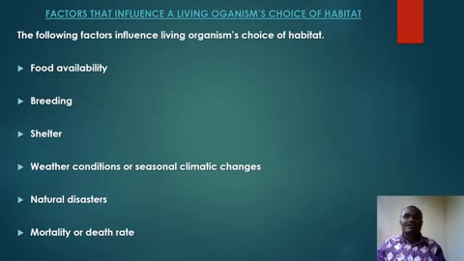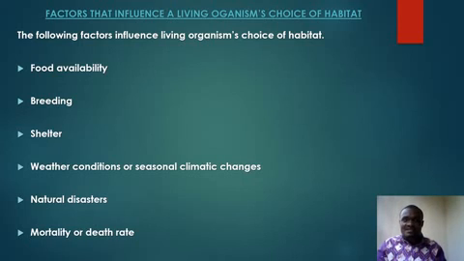Abraham had to travel down to other places to go and look for food for his family and the people around him. So he migrated. It's because of what? Food. So if an organism lives in a habitat where there is no food, it has to migrate to a place where it will get food to eat. So food availability is one.